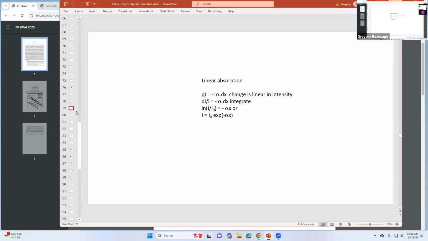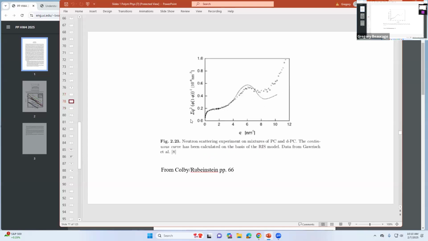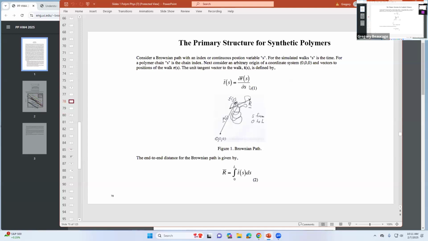This is kind of a linear resistance law. So I'll just do the same for that. You have the change in the correlation between 2 points on the chain. The chain is like a squiggly line.